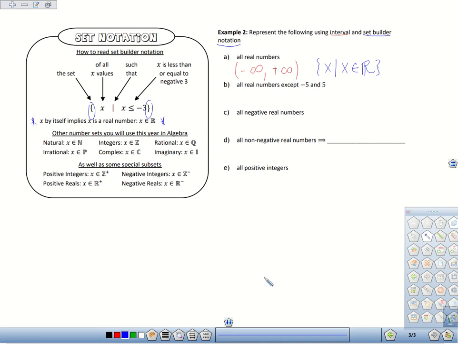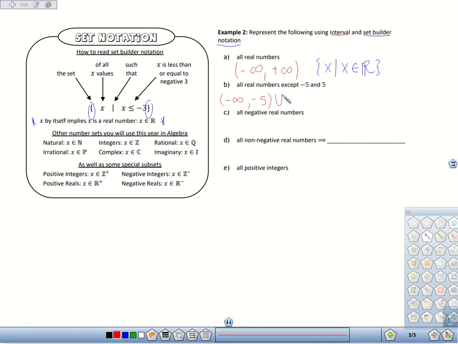So now we're going to talk about real numbers except for -5 and 5. Okay, we're leaving those two numbers out. Now, in this case, the interval notation is actually pretty complicated, and I would expect you to write it in set builder notation. It makes a lot more sense in that notation. So how you would have to write that is, well, we're including -infinity all the way to -5, but -5 is not included, right?